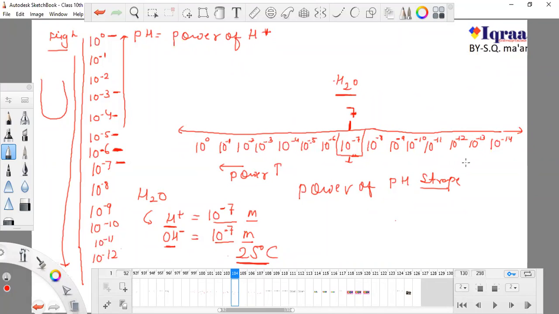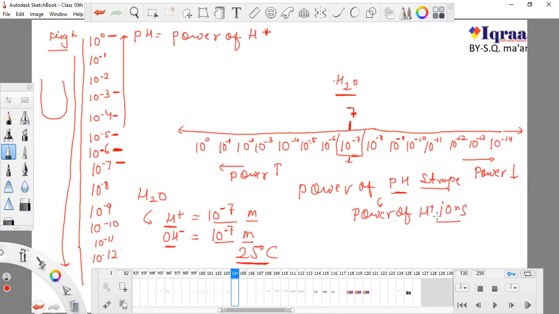And if I go here, the power will decrease. Now what is this line or this strap showing us? It is showing us power of pH, or what is pH? Power of hydrogen ion.